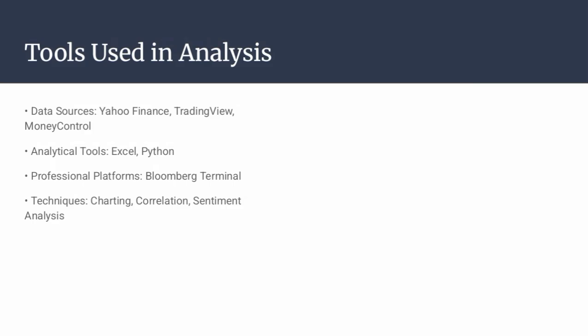Analytical tools include Excel and Python for analysis and visualization of big data. Bloomberg Terminal, which is a professional platform for professional grade financial insight. These tools help investors visualize trends, calculate ratios, and make data driven decisions.